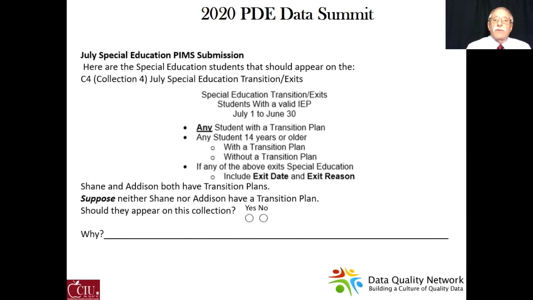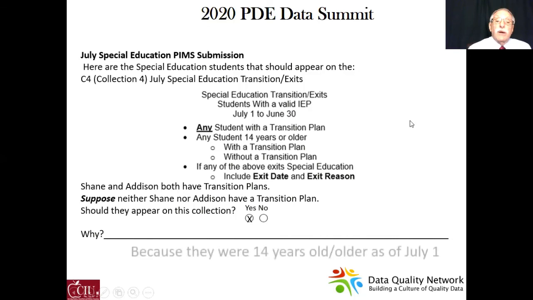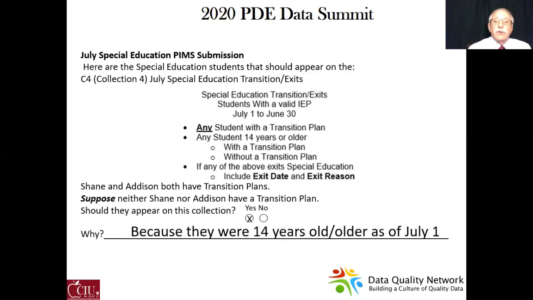So here's another way of looking at that information. Down at the bottom, I'm asking, let's suppose that neither Shane nor Addison has a transition plan. Should they appear on this collection? Well, they're 11th graders. How old do you think they are? They really should appear there, because they were 14 years or older as of July 1.